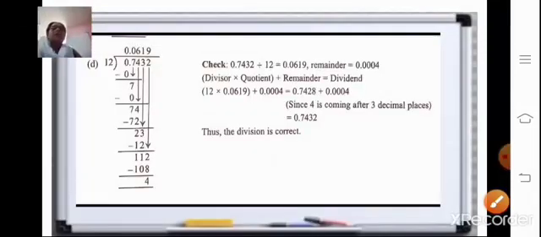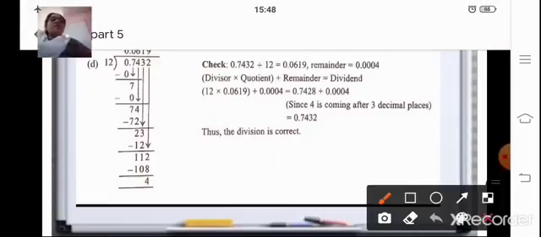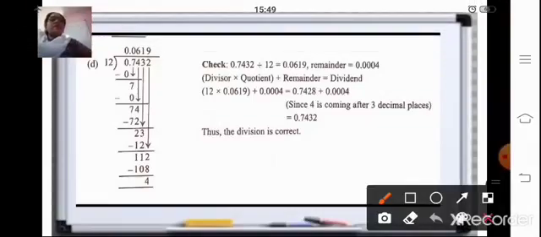Okay, just check. In this slide, I've shown you the working. Now let us check. After this division, you can just check your answer. 0.0619 is the answer that we got after dividing it. Your remainder is 4. Now to verify, that is divisor into quotient plus remainder.